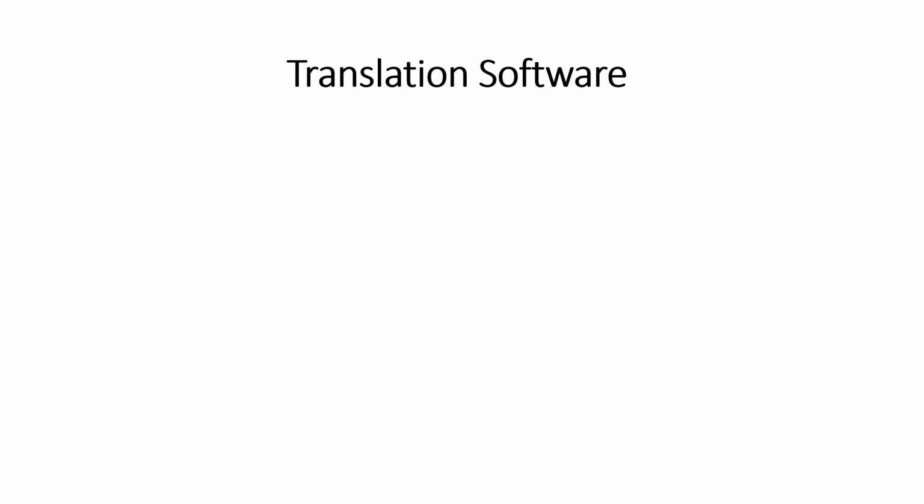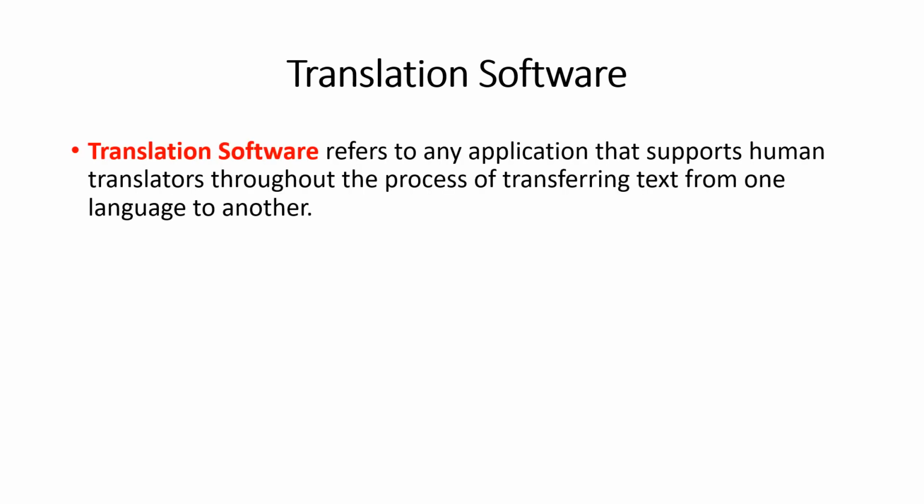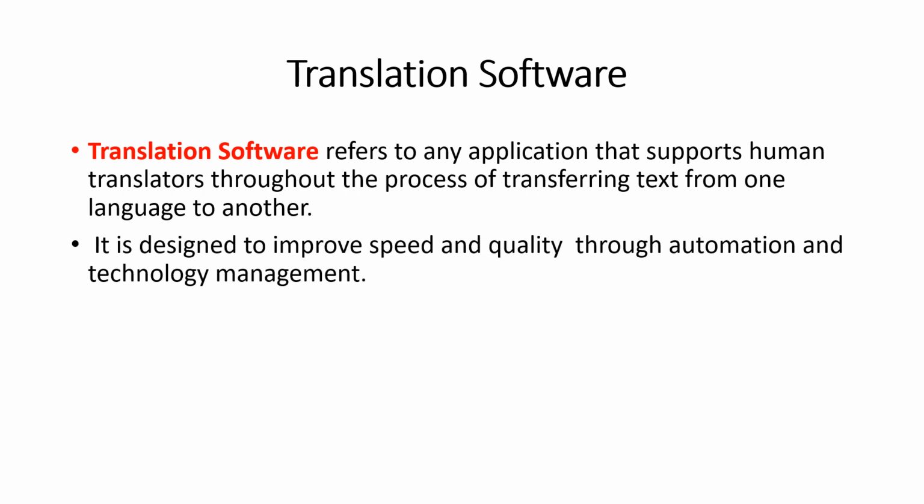What is translation software? Translation software is an application that supports human translators throughout the process of translating text from one language to another. It is designed to improve the speed and the quality through automation and technology management.